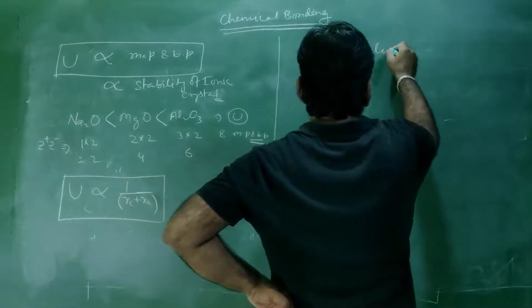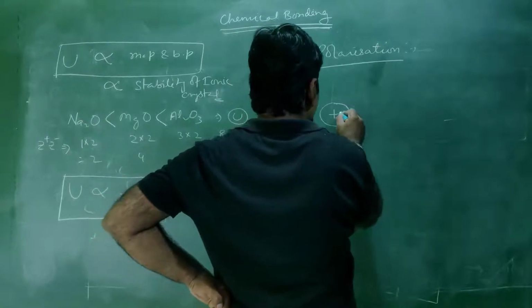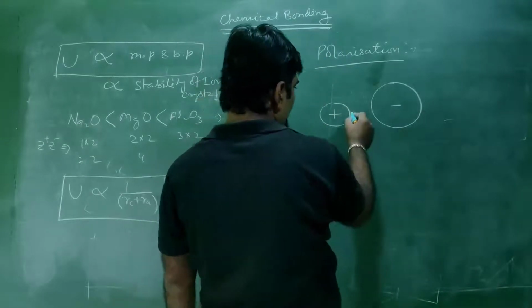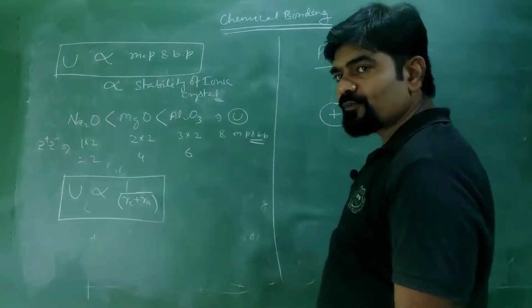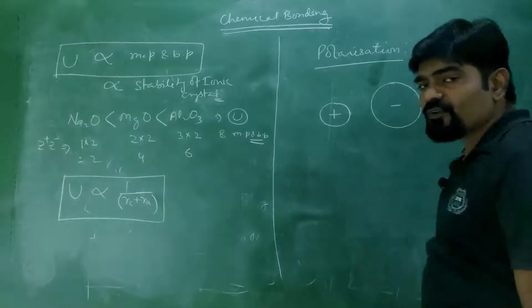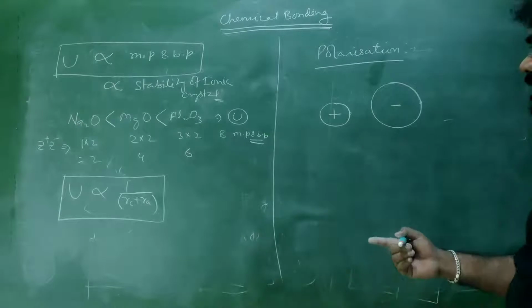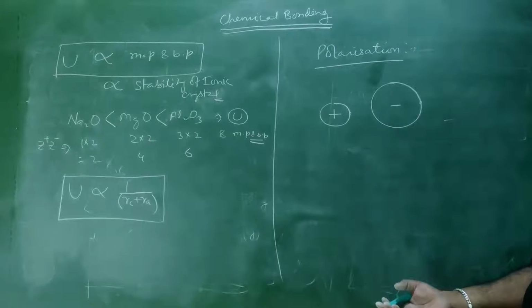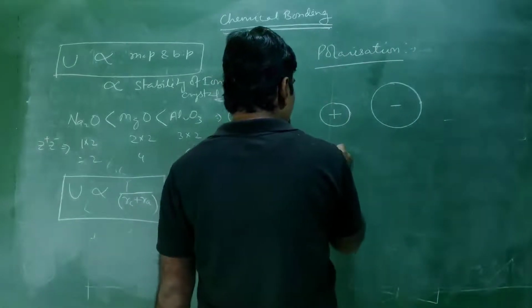Suppose there is a cation which is smaller in size and an anion which is bigger in size. Obviously, at the surface of the smaller cation, the residual nuclear force is very large, while at the surface of the anion, it is very small. If the residual force is very large, there will be a large force of attraction, and the cation will have a tendency to attract the electron cloud towards itself. So the cation possesses polarizing power.